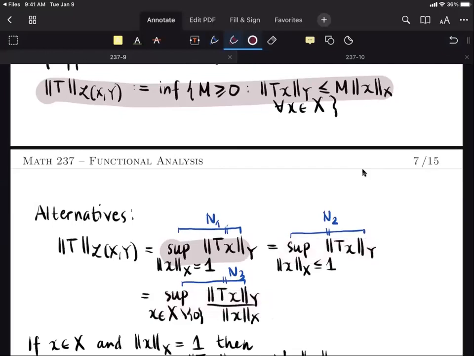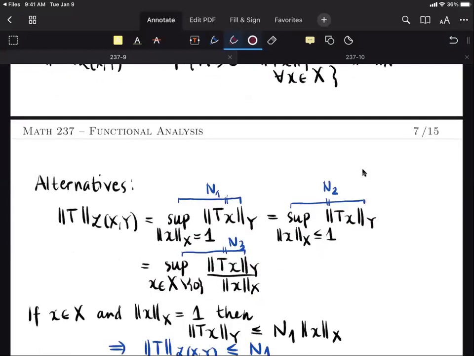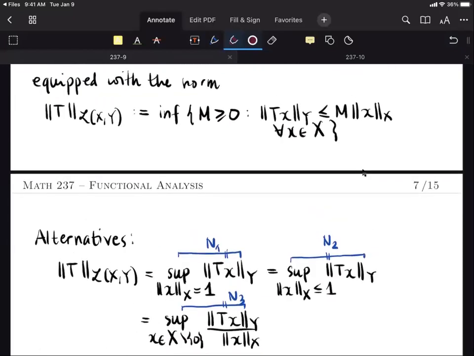So for instance, you can use this to show the triangle inequality, the homogeneity and the positivity of your norm. That's an alternative way of establishing that this is indeed a norm on L(X,Y).